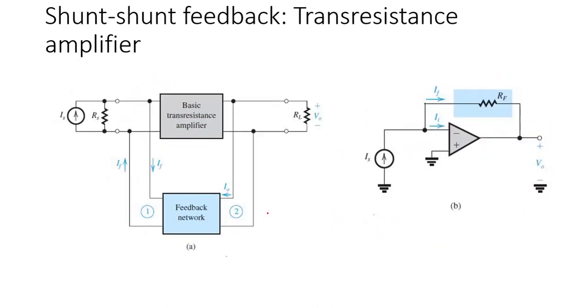Next, we'll see the shunt feedback topology. It is also called the transresistance amplifier. This topology is because of the shunt connection at the input side and a similar shunt connection at the output side. As we have seen in the current amplifiers, the shunt connection results in a decrease in the input resistance.